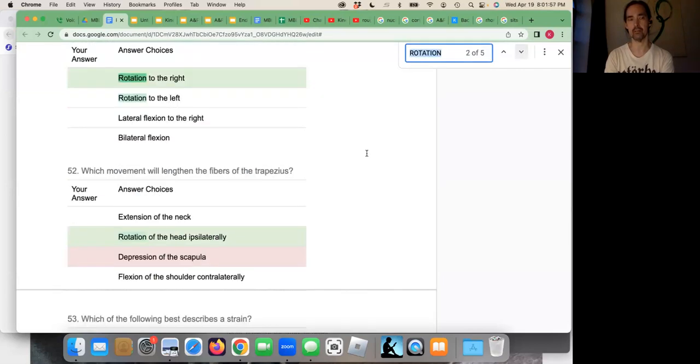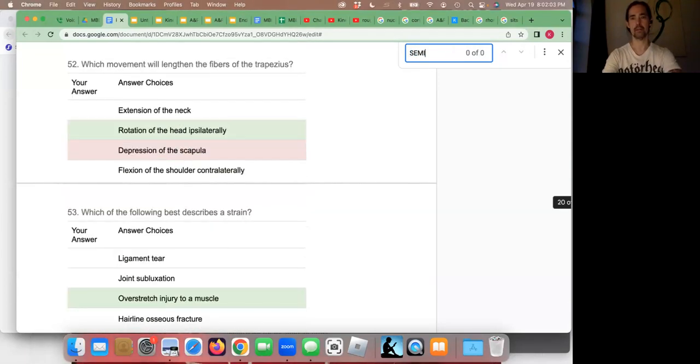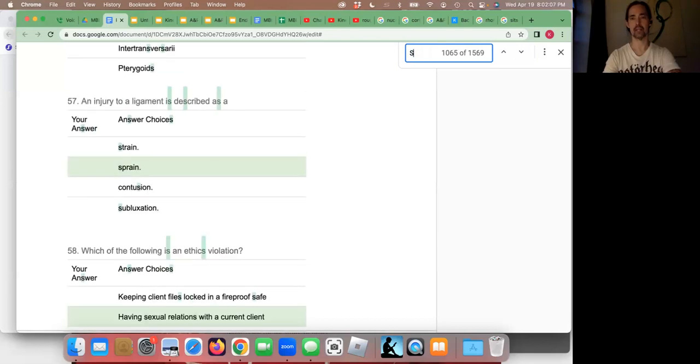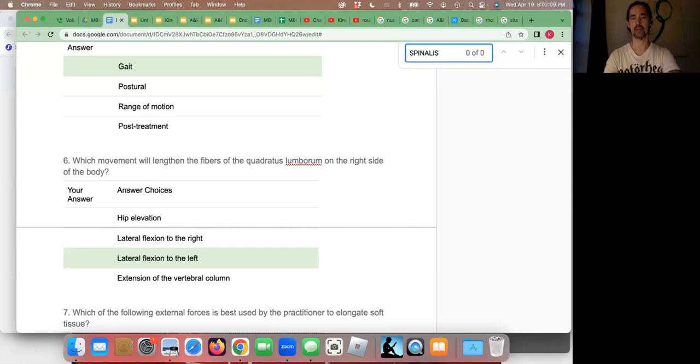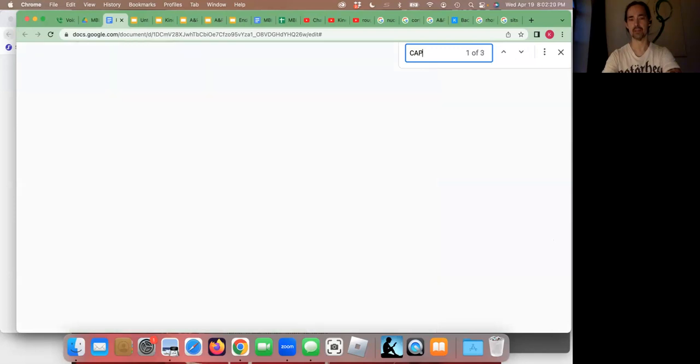Okay, let's do one more. Let's see if we can find something like semispinalis. Nope. Okay, let's try spinalis. No spinalis. This is on the FSMTB sample questions, so this is from the people who are administering the exam. Let's see. Can we find capitis? No capitis. How about cervicis?